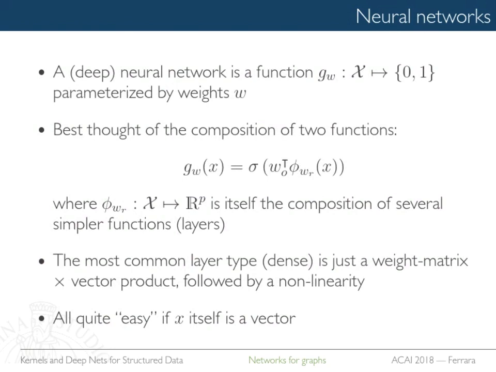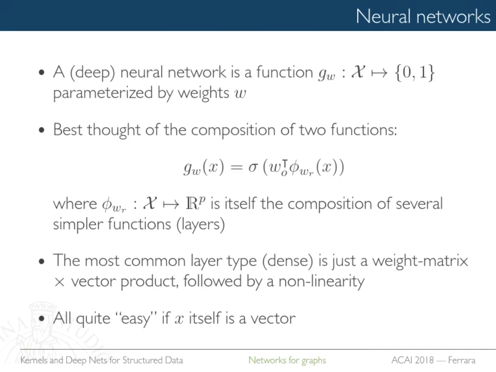So the classifier now has some parameters W, and you split these parameters into representation parameters and prediction parameters. The representation parameters, WR, parameterize the mapping from X to phi of X, the representation.